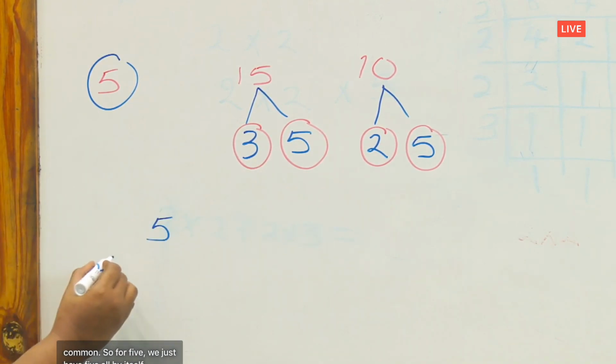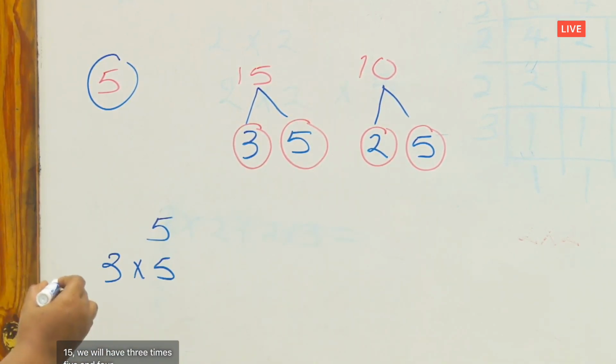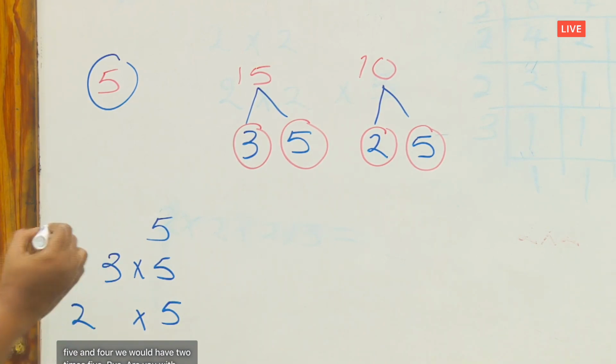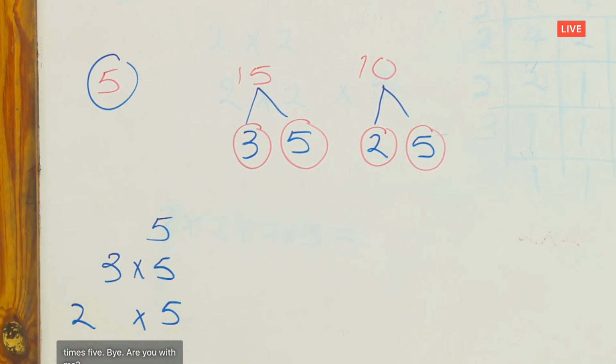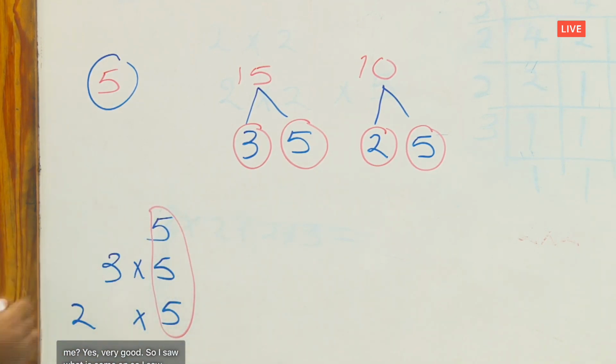So for 5, we just have 5 all by itself. And for 15, we will have 3 times 5. And for 10, we would have 2 times 5. Are you with me? Yes.